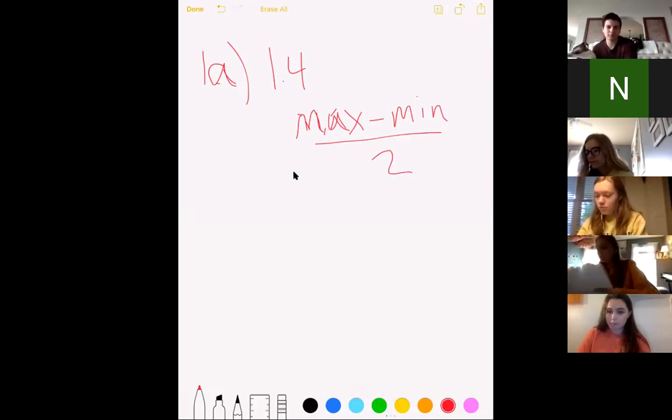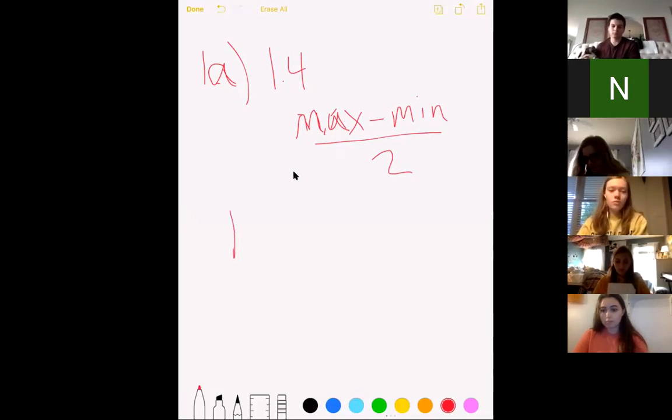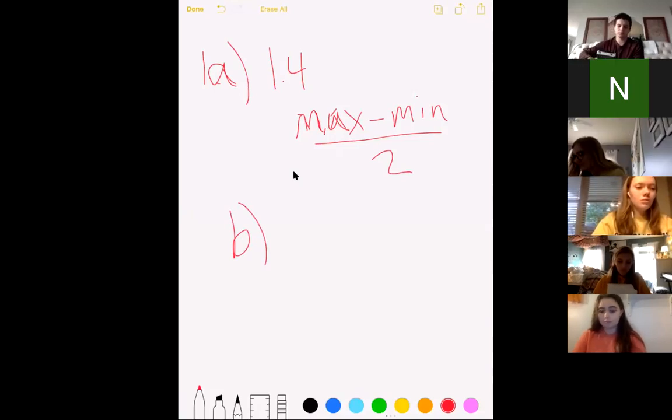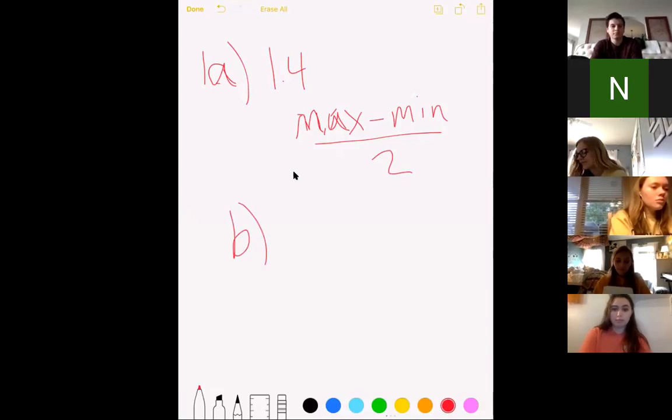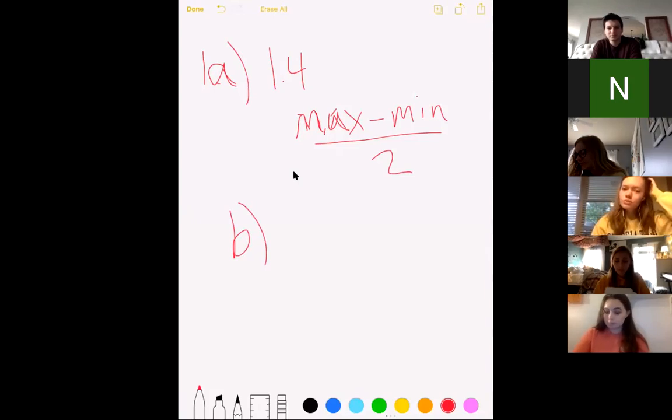So B, find the distance between 2 consecutive peaks of the wave. Anybody? 2 pi over 3x minus 0.1? You were very close. It's just 2 pi over 3.